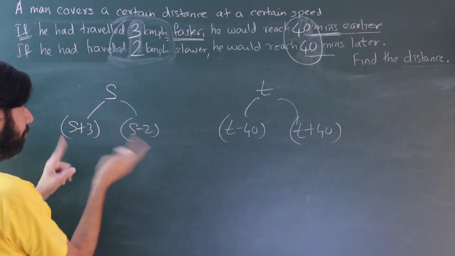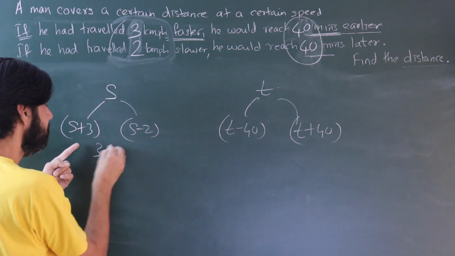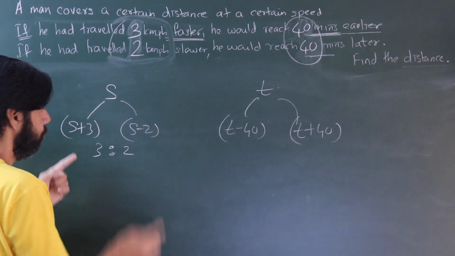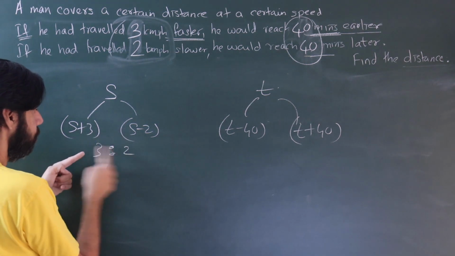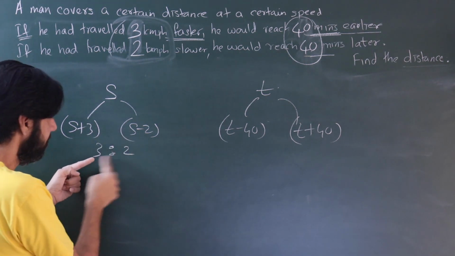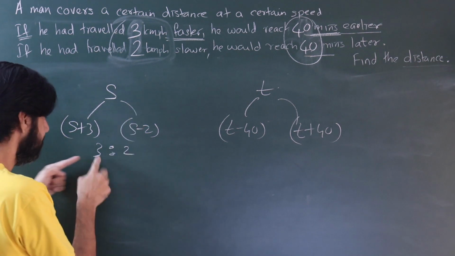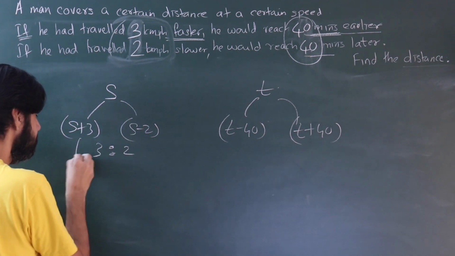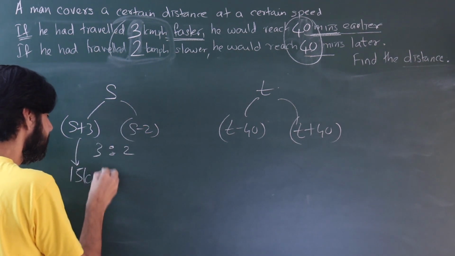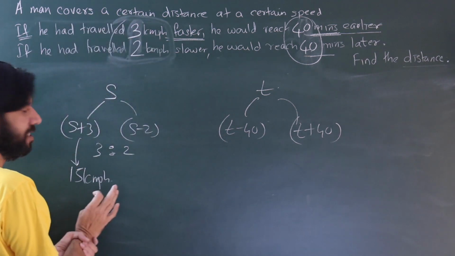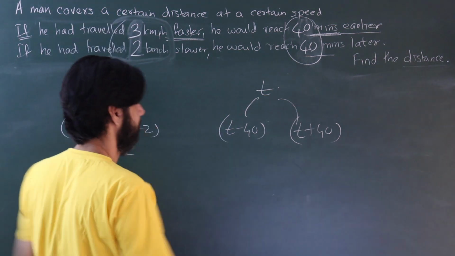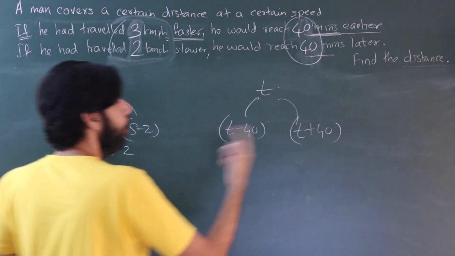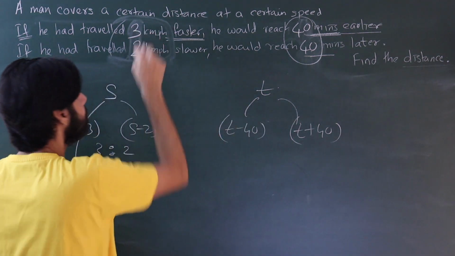And now use common sense. So this is bigger, so this will be 3:2. Do you know the difference is 5? So the two values and I want the difference 5. One part is 5. 5 threes are 15. So this speed is 15 kilometers per hour. You don't need to find the other ones. I'll directly just find one of them. This is more speed, so these times are also in the ratio 3:2.